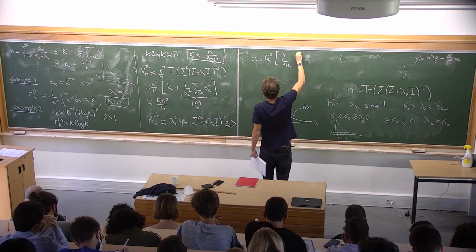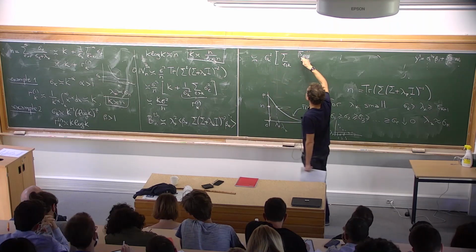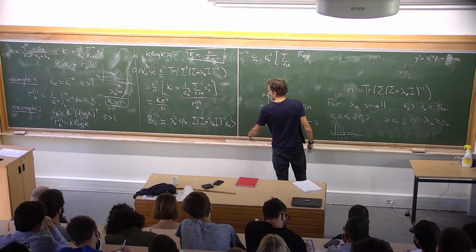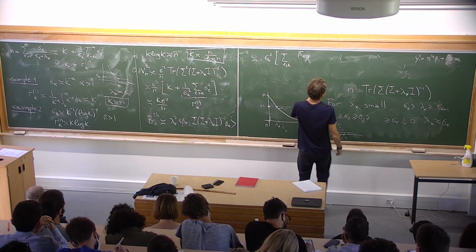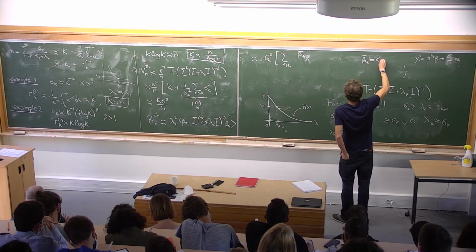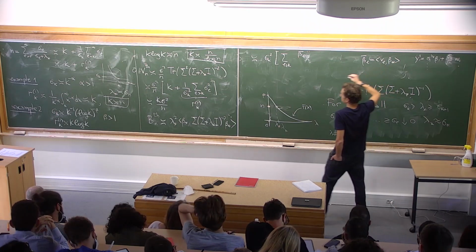Let me call beta bar L the coefficient of beta star in the basis of eigenvectors of sigma. So beta bar L is V L times beta star, where V L is the L-th eigenvector of sigma.